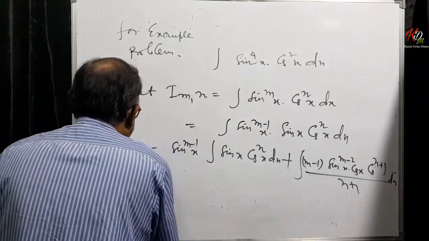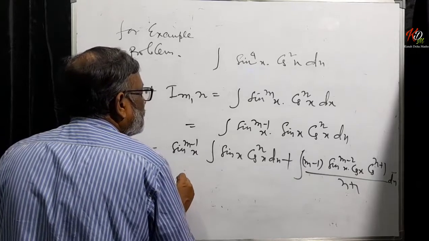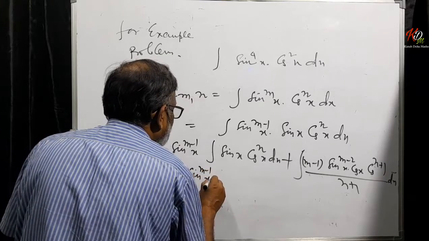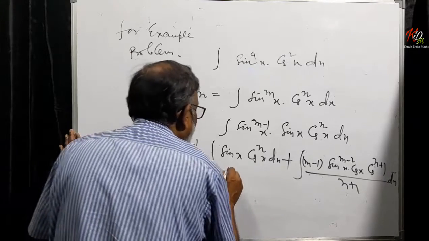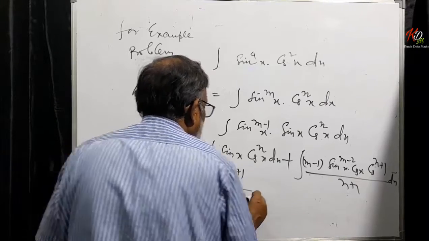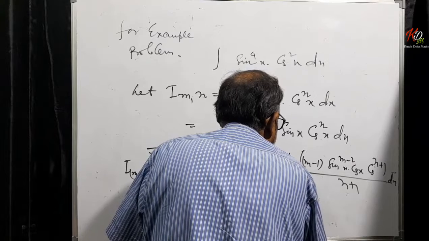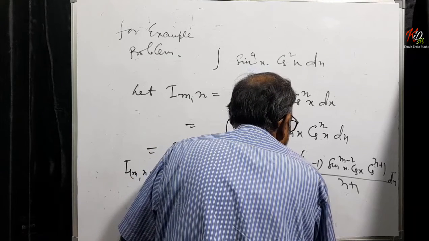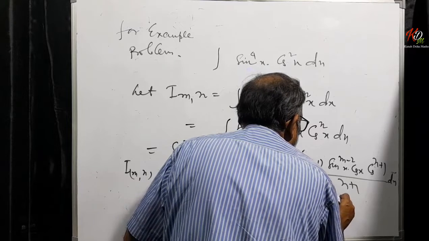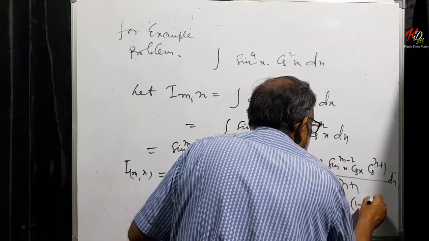The final result will be I m n equals minus sin to the power m minus 1 x cos to the power n plus 1 x by n plus 1, m minus 1 by n plus 1, sin to the power m minus 2 x cos to the power n x into 1 minus sin square x.